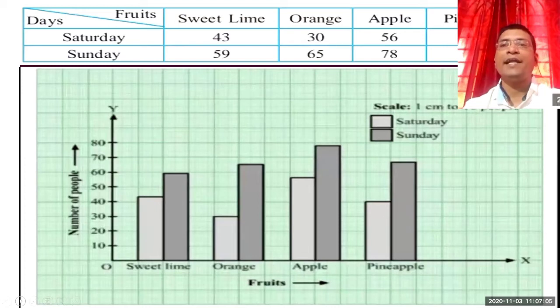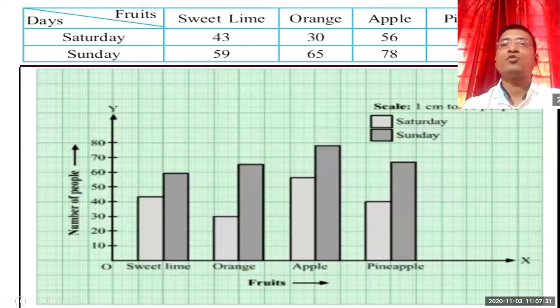Look at the next and last joint bar graph of pineapple. Pineapple on Saturday, only 40 people took pineapple juice. On Sunday, many people drink pineapple juice. How many people on Sunday took pineapple juice? 67 people.